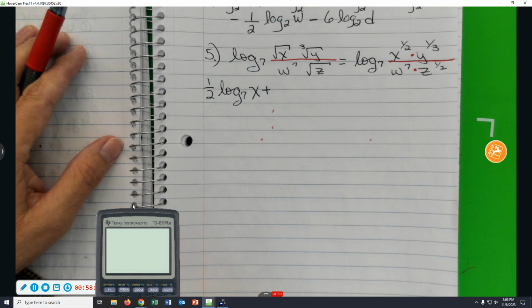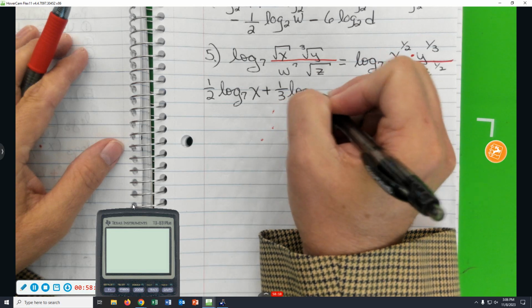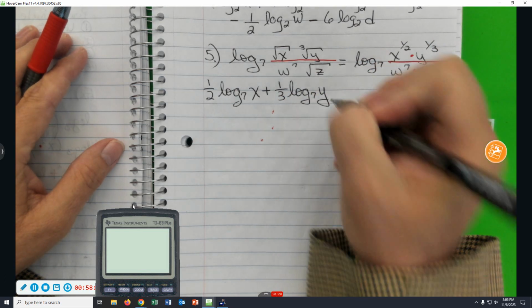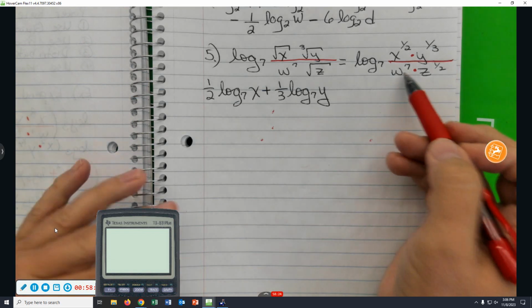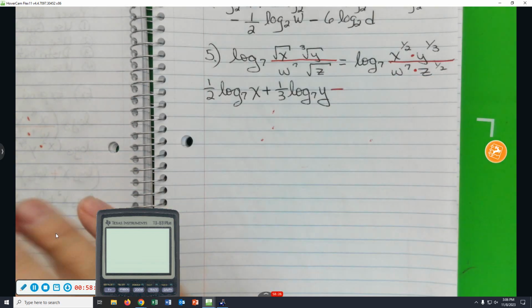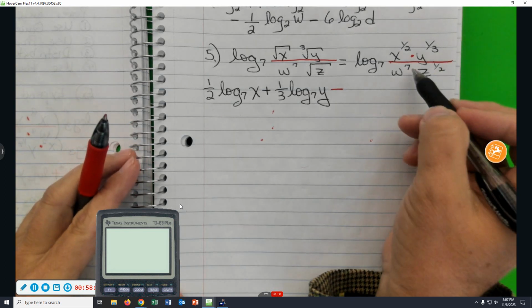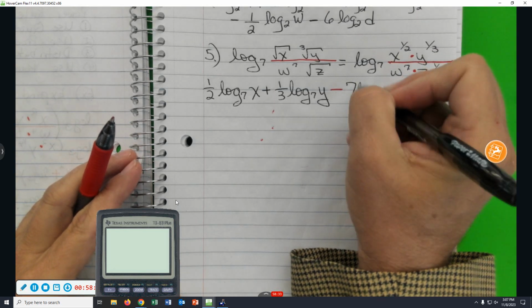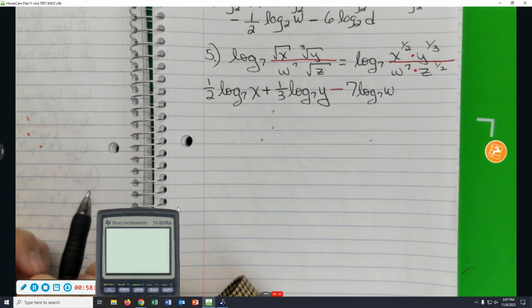What is it? 1/3 log base 7 of y plus or minus. Minus because we're moving down to the denominator. Am I going to have a coefficient? What is it? That's 7 log base 7 of w plus or minus.